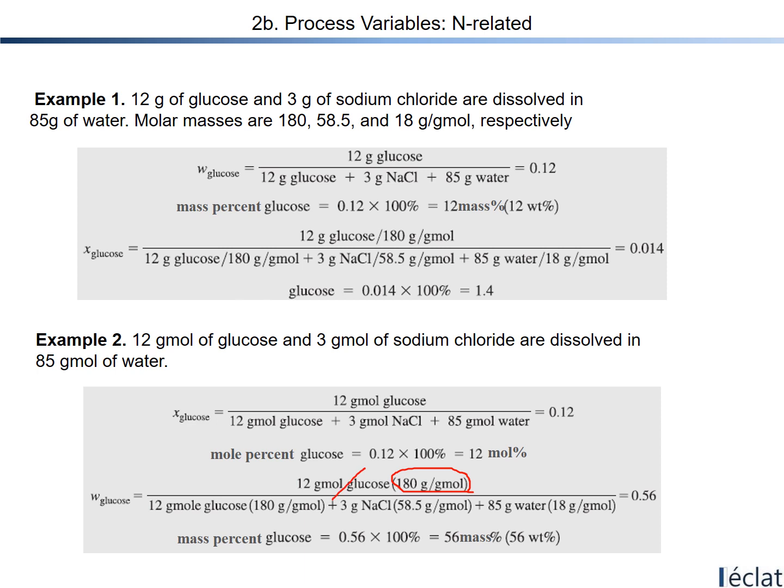Gram mole glucose, gram mole glucose. So finally you could get gram. The same operation goes to sodium chloride, also water. Then finally you could obtain 0.56 as the answer, which is equivalent to 56 mass percent by multiplying the number by 100. That's it.